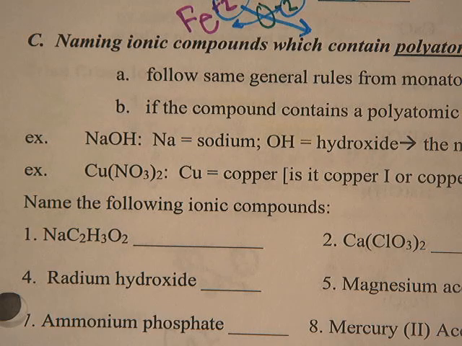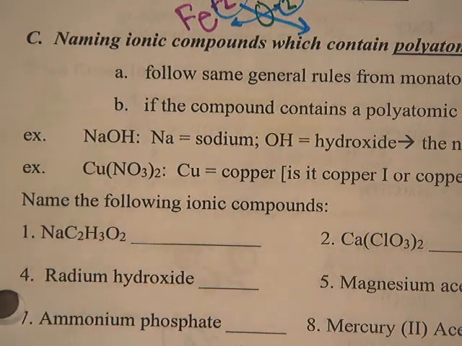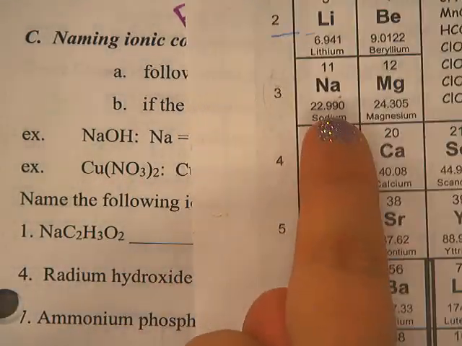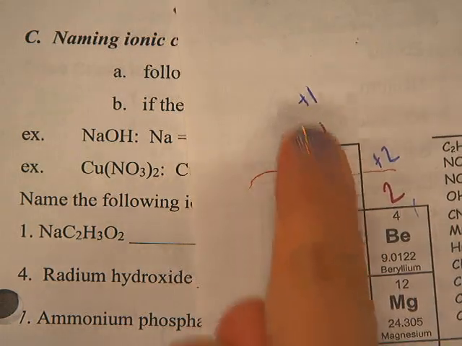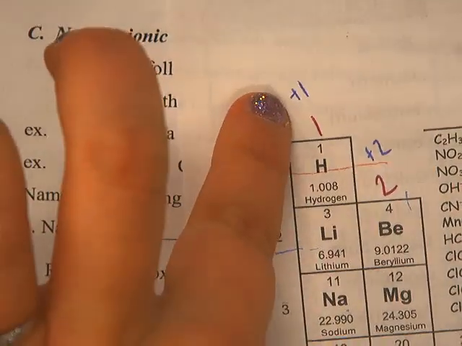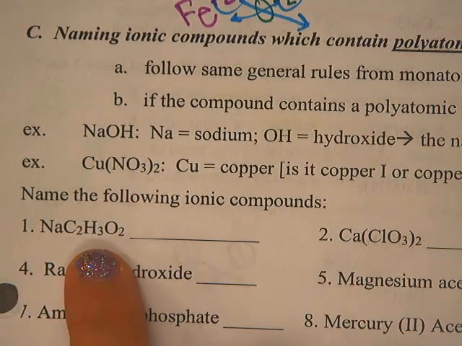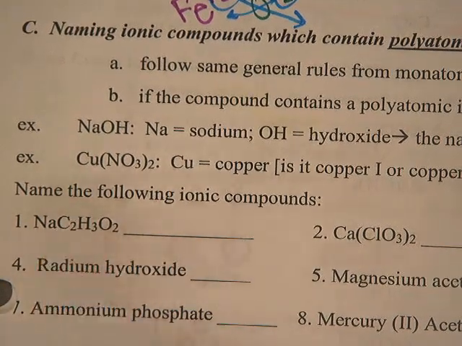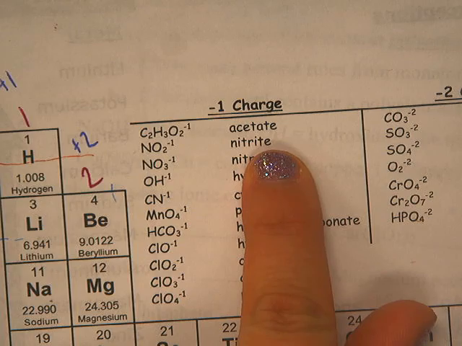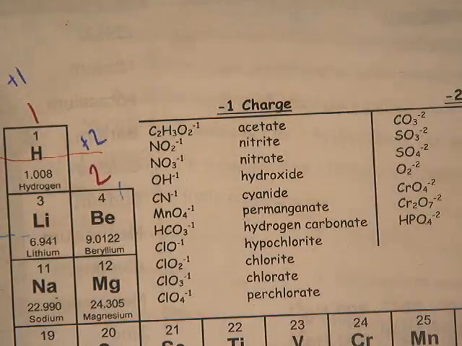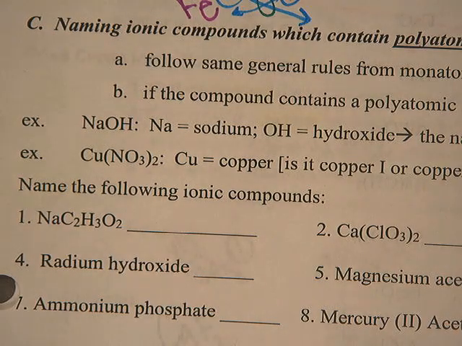Since sodium is in a group that has predictable valence electrons and we know its oxidation number is +1, we do not need to include a Roman numeral in its name. So we would just name this as sodium and then the name of the polyatomic ion, which is called acetate. So when I name this, sodium acetate is the correct answer.